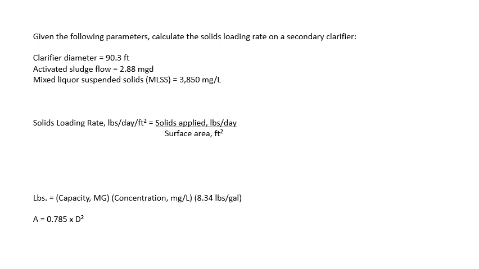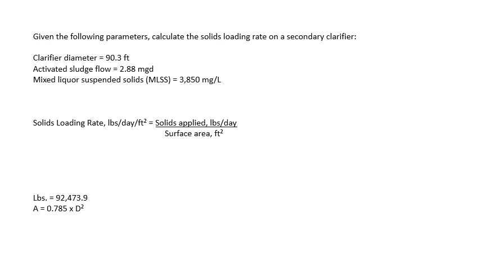And of course, to find the surface area, it's a clarifier, so its area is equal to 0.785 times diameter squared, because we were given the diameter. So let's go ahead and plug in our numbers for our pounds formula. So your flow of 2.88 million gallons times the MLSS concentration of 3,850 milligrams per liter times 8.34 pounds per gallon.